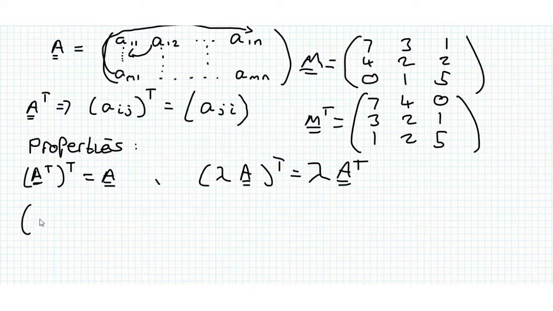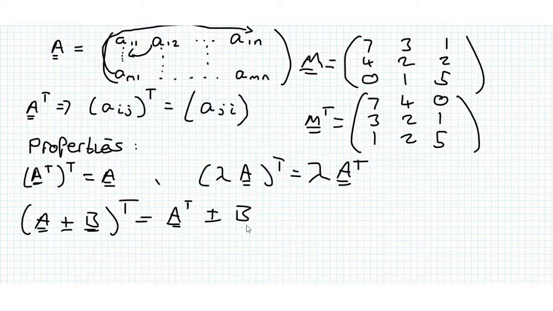Now if you do A plus or minus B and you transpose that, that's equal to A transpose plus or minus B transpose. I'd recommend you check that out for yourself.